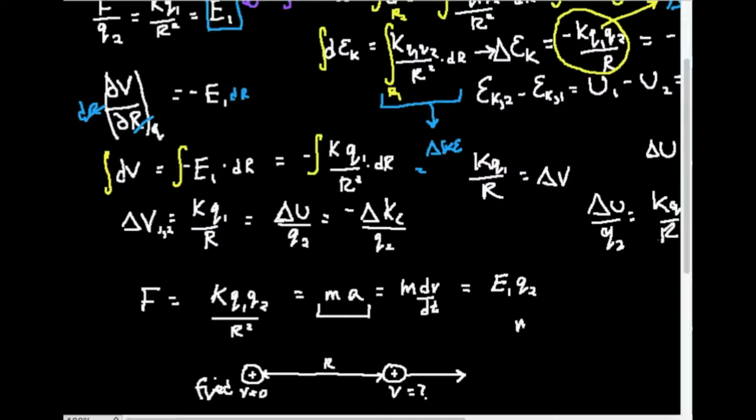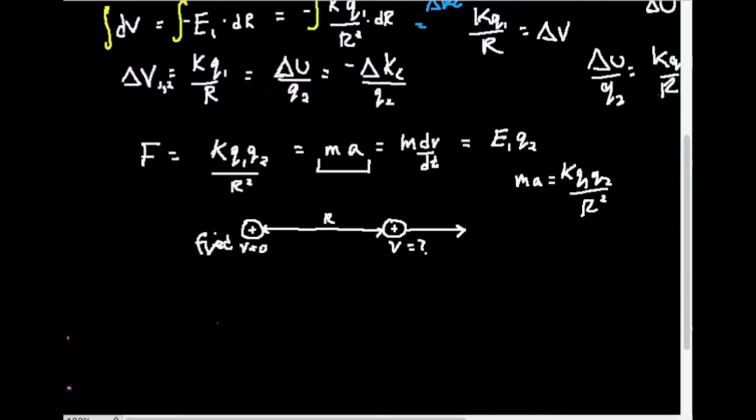Well, MA, which is the force, is equal to electric field times Q2, and we can also write that as KQ1, Q2 over R squared. If you wanted to find the acceleration of the charged particle, let's say this is particle 1, this is particle 2, so the acceleration of particle 2 is equal to KQ1, Q2 over R squared times 1 over the mass. In this case, it's the mass of particle 2 because particle 2 is the one that's moving, okay?